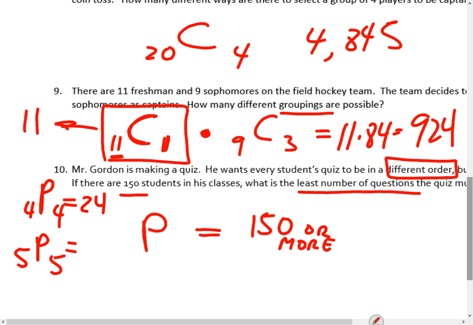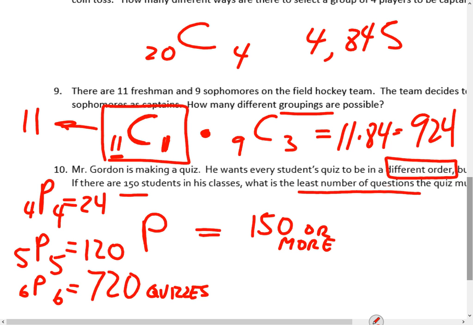Well, that's just 5 times 4 times 3 times 2 times 1, so just multiply that by 5. Is that enough? That's not enough permutations so that every single one of my students gets a different looking order on their quiz. What's 120 times 6? So we get 720 different ways, or we get 720 different quizzes that look different.